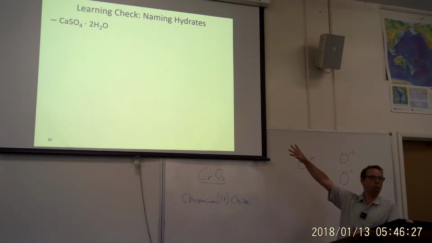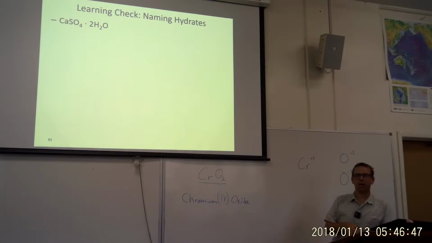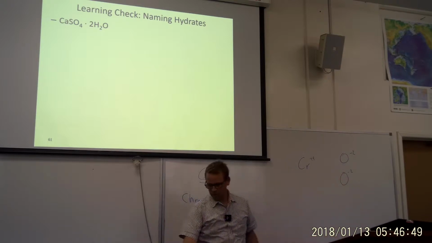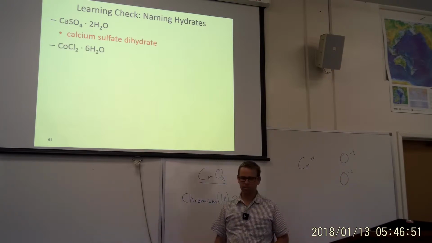So what kind of chemical is this? A hydrate. Very good, a hydrate. So we say the name of the chemical up front, and then we add on, in this case, dihydrate. So what is this? Calcium sulfate dihydrate. Very good. How about this one?